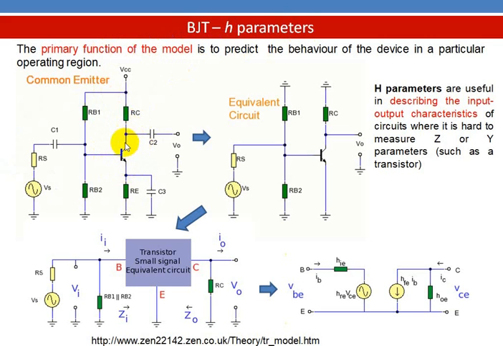Once we get an equivalent model for this transistor, we can construct the equivalent circuit, and by applying circuit theory concepts, we can analyze the currents and voltages in the circuits. The primary function of the model is to predict the behavior of the device in a particular operating region.